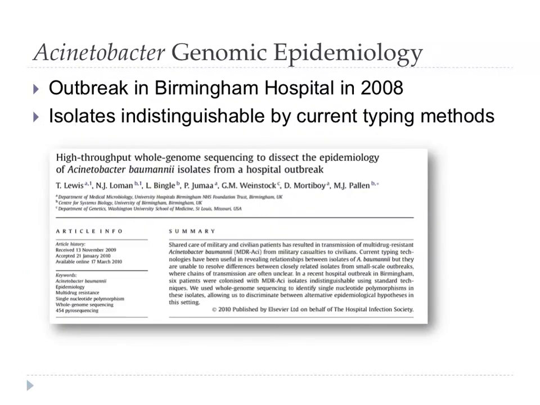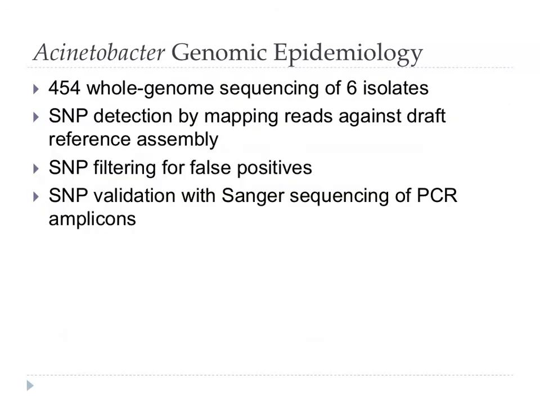So there was an outbreak here in 2008, and all isolates within that outbreak were indistinguishable by current typing methods. We've written this up in the Journal of Hospital Infection. We used 454 genome sequencing of 6 isolates. We then looked for what we call single nucleotide polymorphisms, single base changes in the genome that differentiated those isolates from one another.